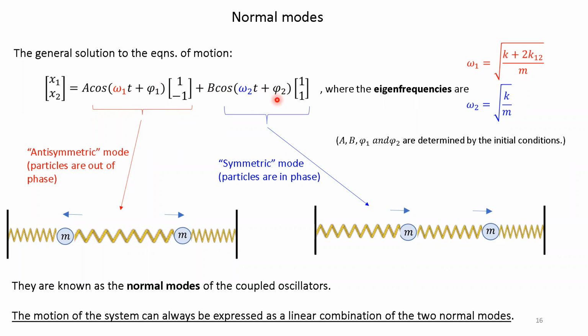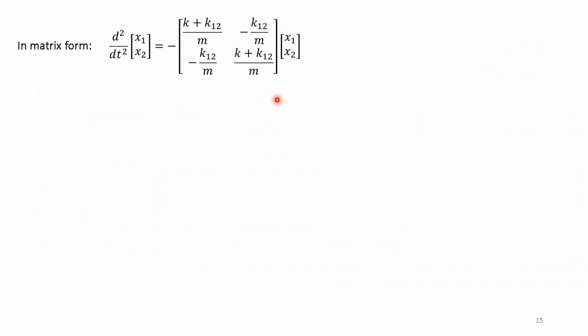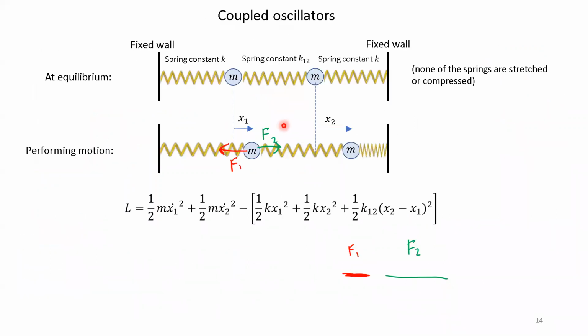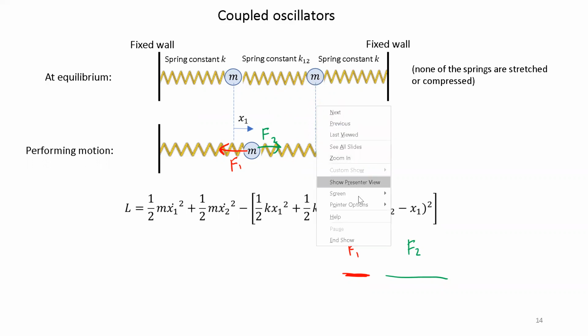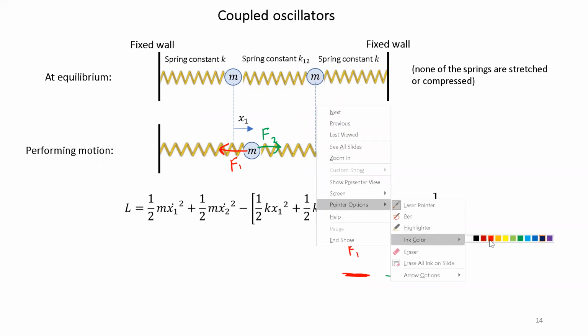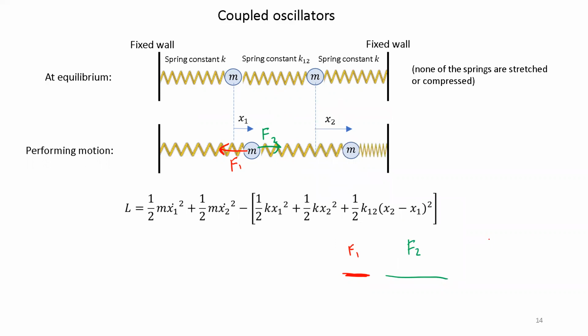Before we go to the math, you could think about the following. If I have this system, and to start with, let's say you pull both of the masses to one side by the same amount. That's the initial disturbance you give to the system. Then what happens next?